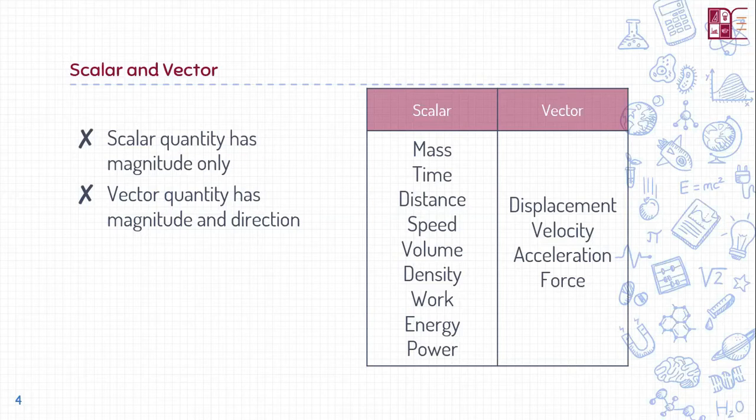All of these are scalar quantities since they have no direction to them. But displacement, velocity, acceleration, and force are all physical quantities that have a magnitude and a direction to them. So direction is very important for these four quantities, which is the reason why they're considered as vector quantities. Now, moving on.